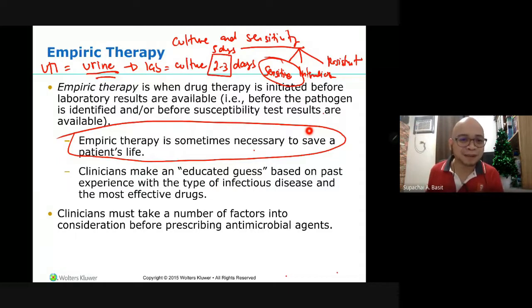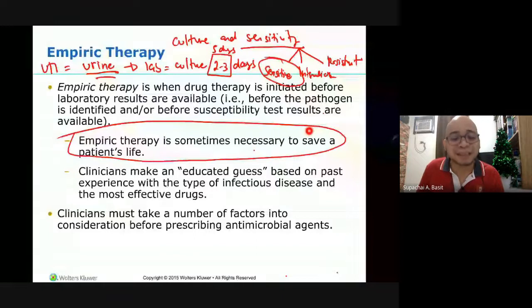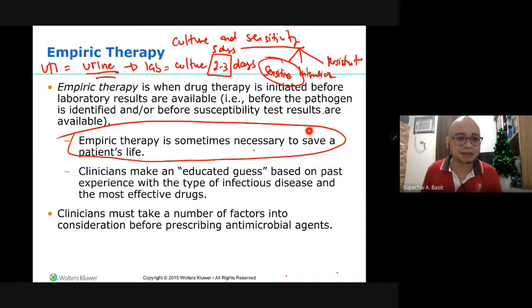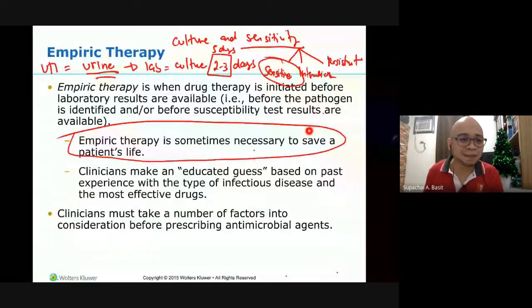So if it's a matter of life and death, you don't have the luxury of time to wait for the result of culture and sensitivity. You give the appropriate antibiotics. But how would you know if it's appropriate? Well, this is where the experience of the physicians will come into play, because clinicians would have to make an educated guess based on past experiences with the type of infectious disease and the most effective drugs.